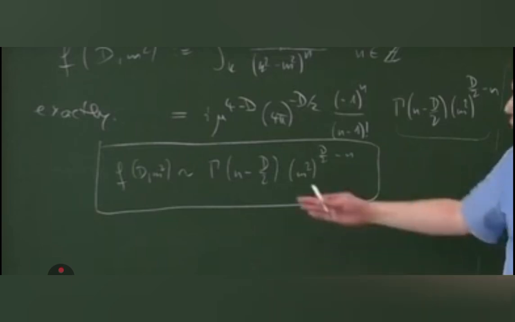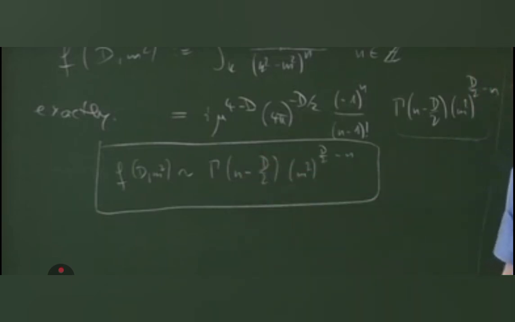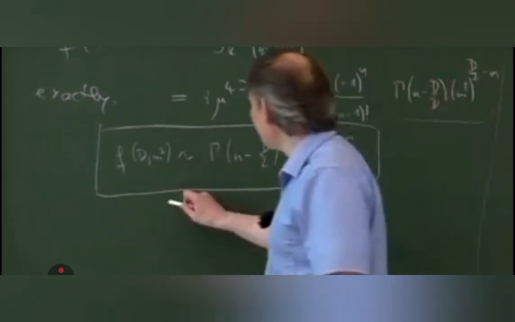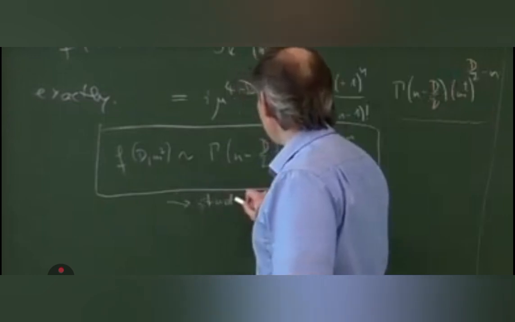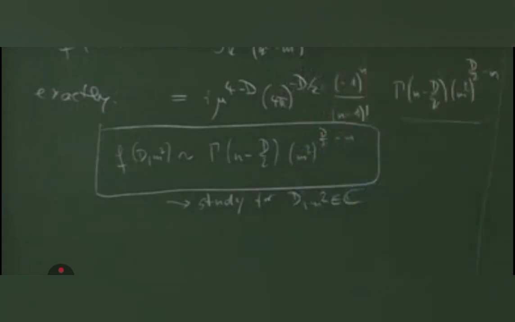And both functions have some singularities in the complex plane as a function of their arguments, and that is what we want to discuss a little bit. So study it for d and m square being complex variables.